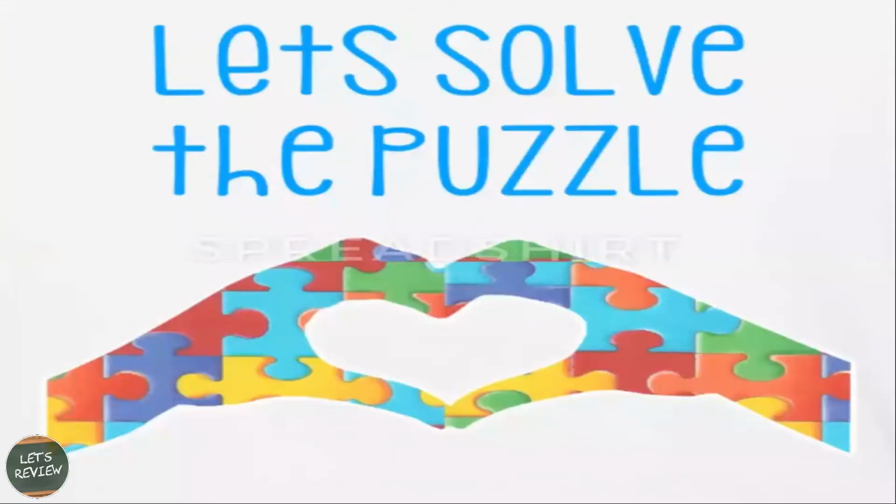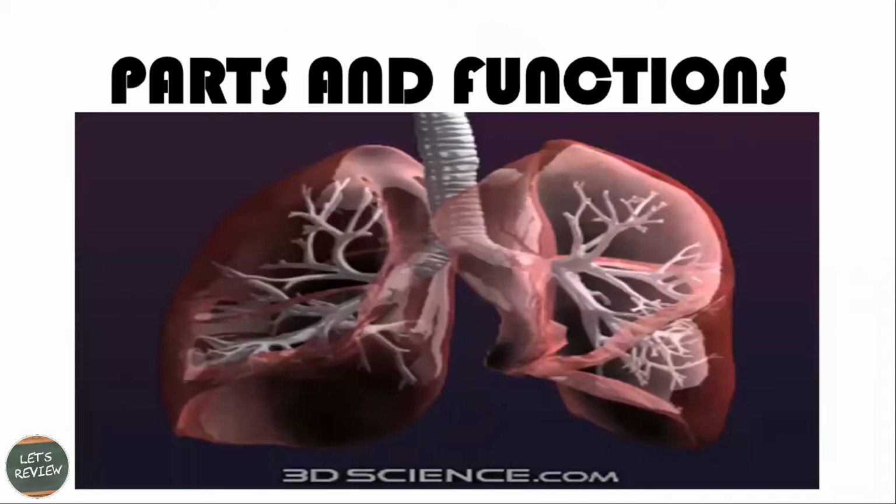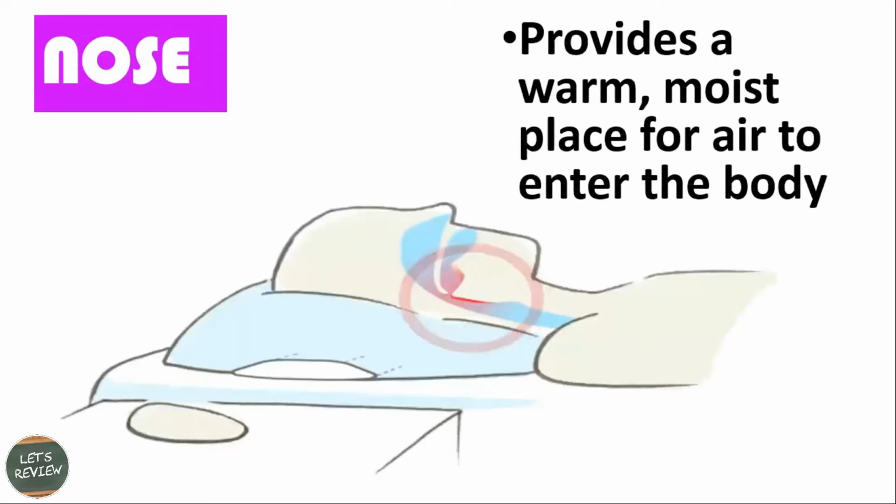Now, let's discuss and solve the puzzle regarding this respiratory system. Here in the picture, you will see different parts of the respiratory system. So one by one, let us see. First part is the nose. The nose provides a warm, moist place for air to enter the body.